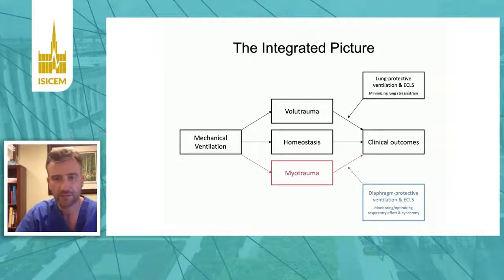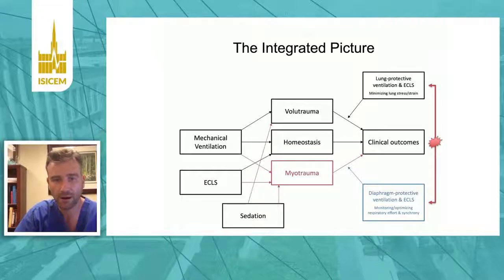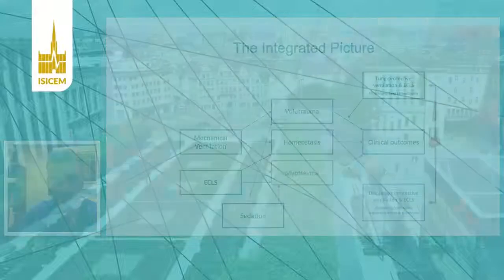And because monitoring respiratory effort and optimizing respiratory effort is key to this goal, we need to consider the role of sedation and its impact on respiratory drive and effort, as well as the potential role of extracorporeal life support to enable us to fine-tune respiratory drive and effort in order to achieve lung and diaphragm protective ventilation goals.